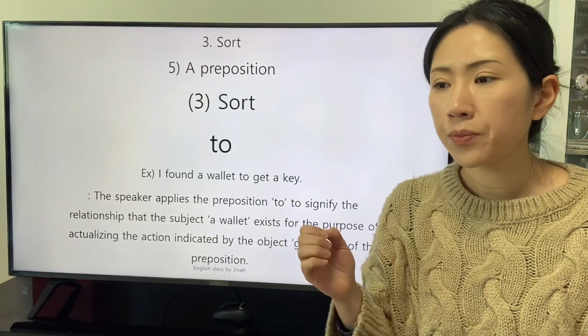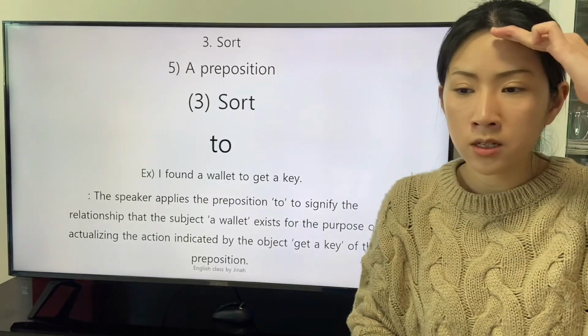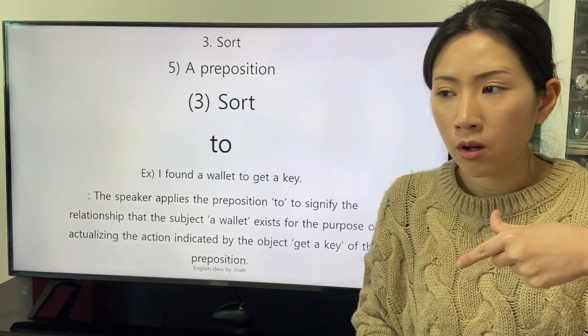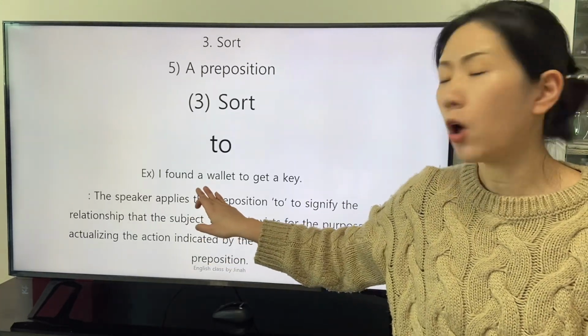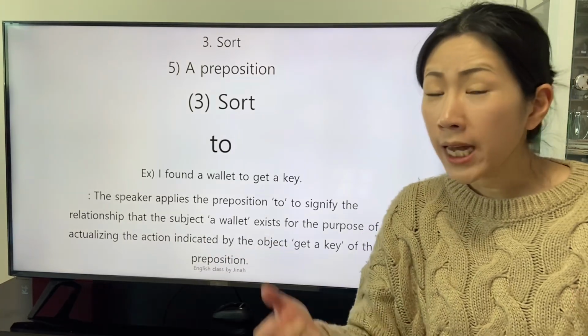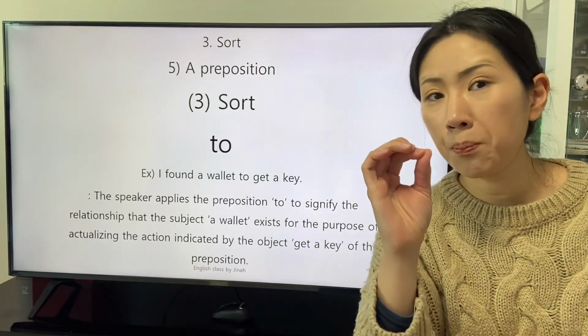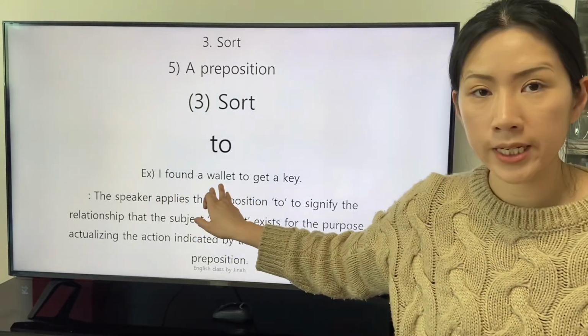The speaker actualized the action to find the wallet indicated by the object of the transitive verb found. We can also know the purpose of the speaker to find the wallet.